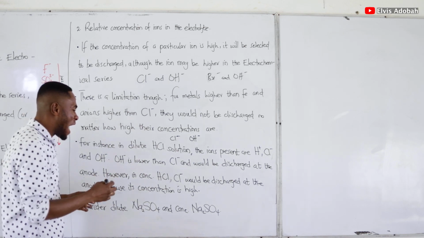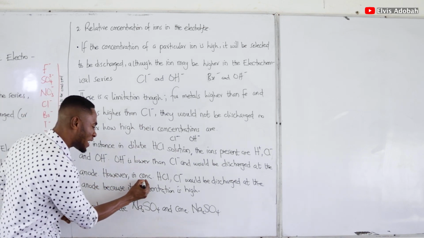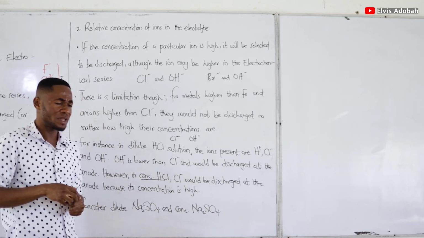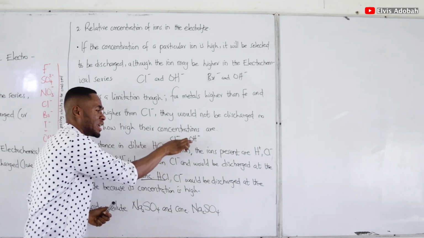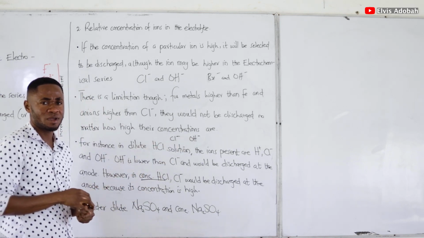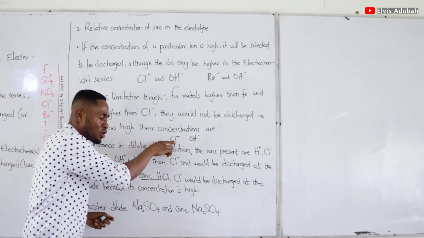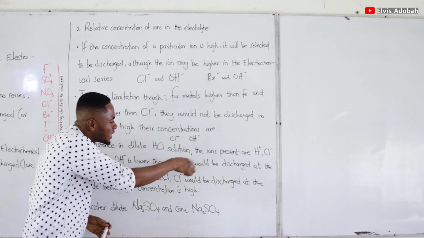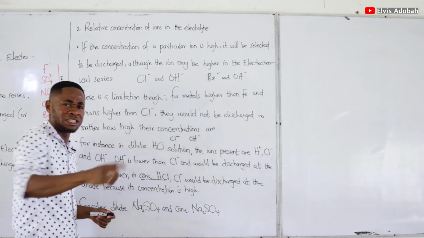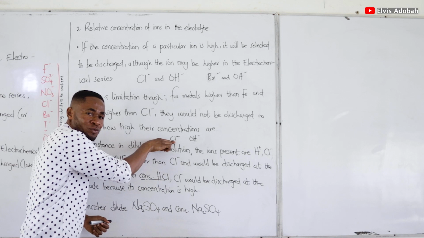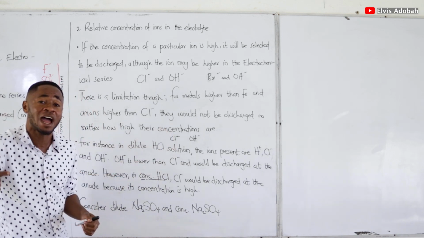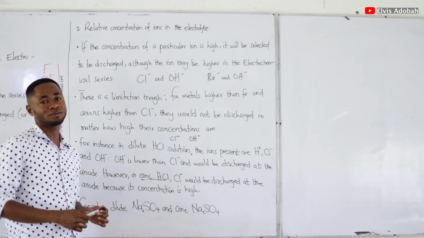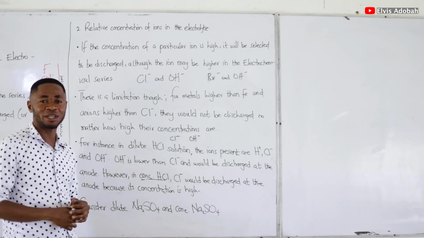However, if we have concentrated HCl, the anions are still chloride ions and hydroxyl ions. But the thing is, the chloride ions are highly what? Concentrated. So instead of the hydroxyl ions losing the electrons, the concentrated one, the chloride ions, would rather lose the electrons. That is what the second factor is talking about.